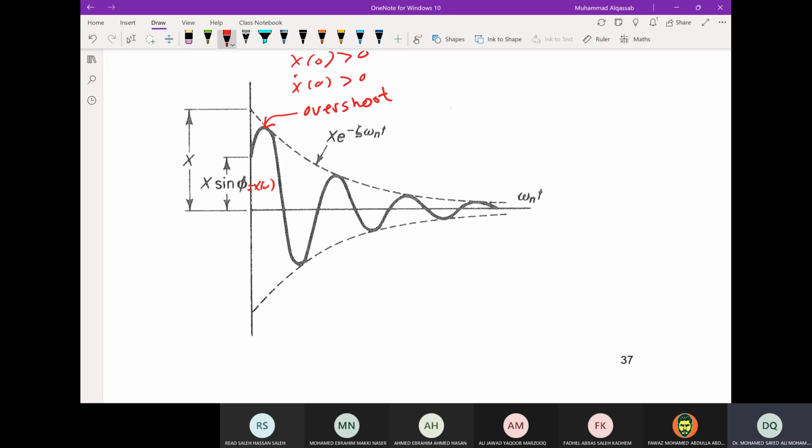The overshoot is the maximum peak, the maximum of all. This is the overshoot, which is the maximum amplitude. And you can find the time to find the overshoot.